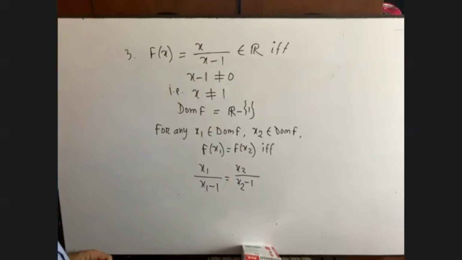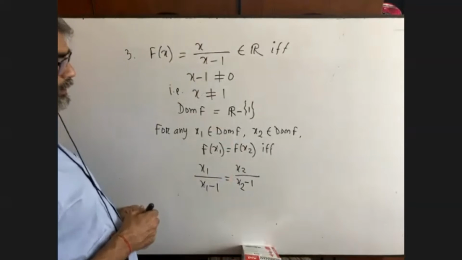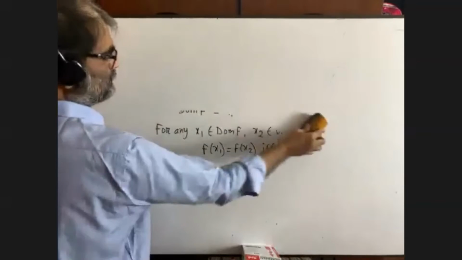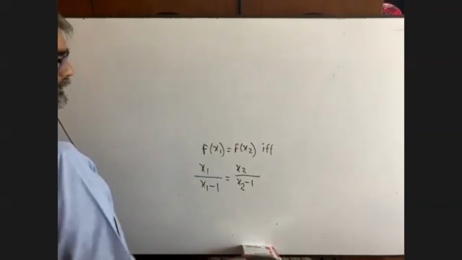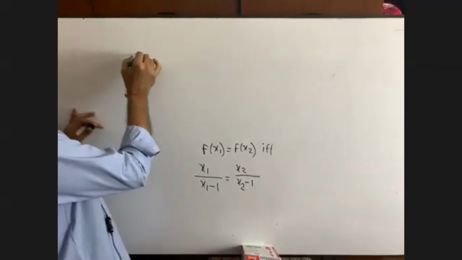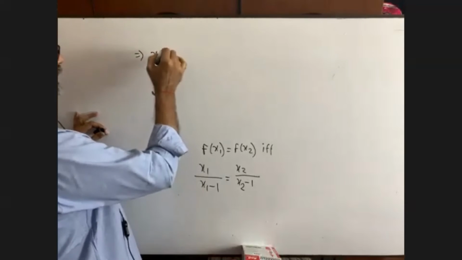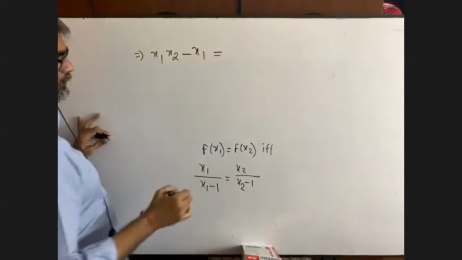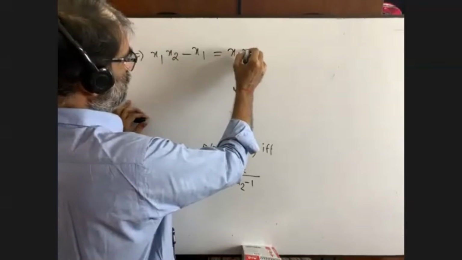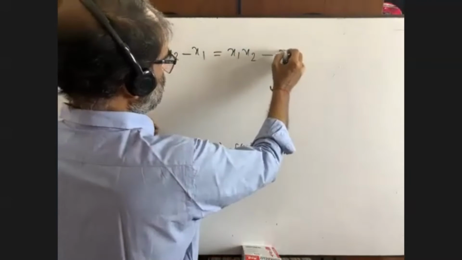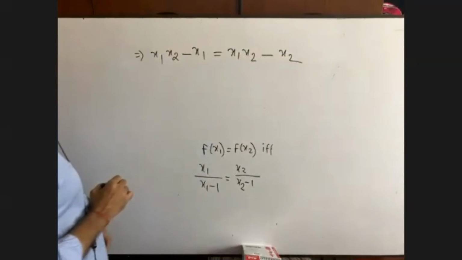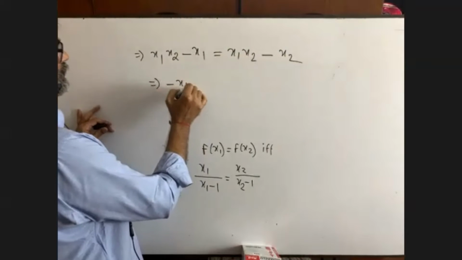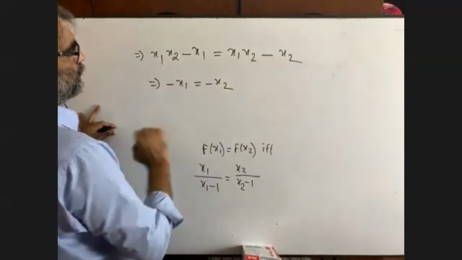Now we cross multiply. If we multiply, we will get x1 x2 minus x1 is equal to x1 x2 minus x2. You see from both sides, these terms are omitted. So we are getting minus x1 equals minus x2.